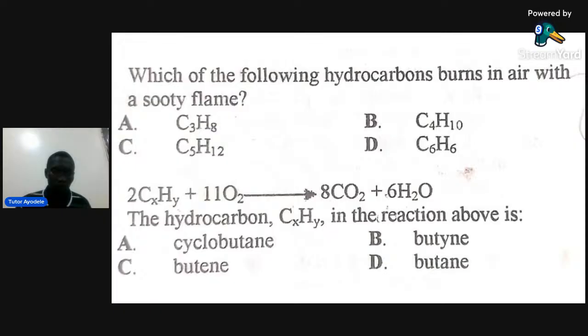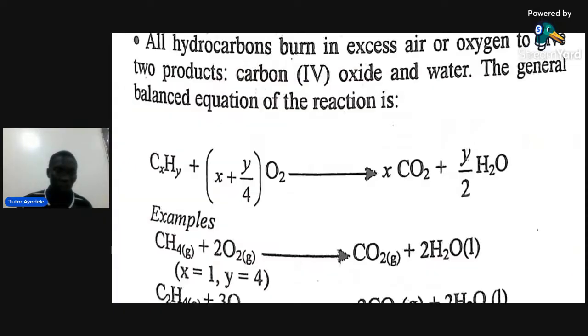If you look at the equation itself, the coefficient from the formula is just 1. So we need to divide the question. What is the coefficient there? It's just 1.